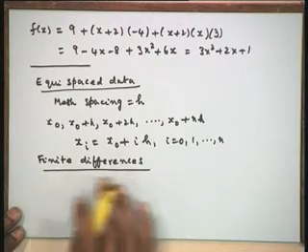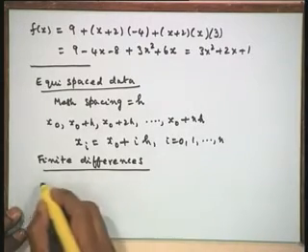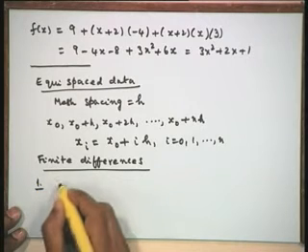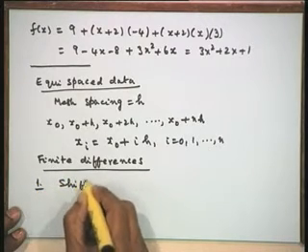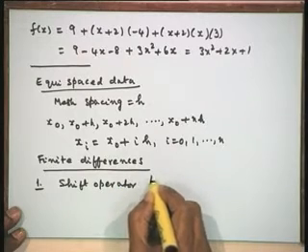So, mostly we shall be using the finite differences. So, let us define three operators. The first operator we shall define is called the shift operator, and we denote this by E.